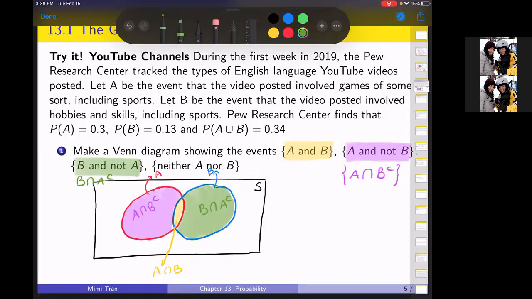Last one, neither A nor B. Where is neither A nor B? Yes, it'll be outside the ovals, outside the two ovals. So for neither, I'll highlight in black.